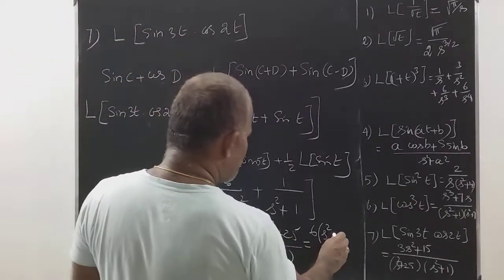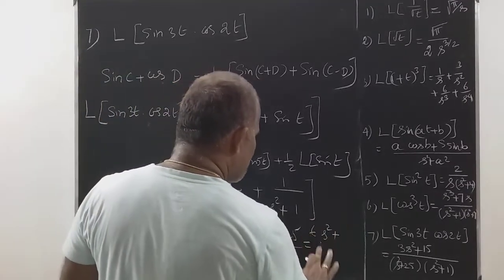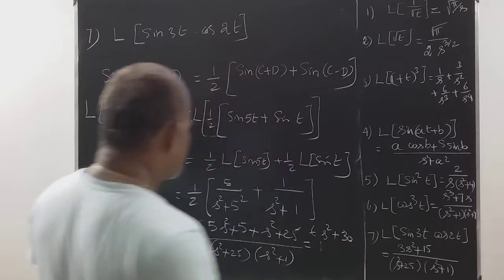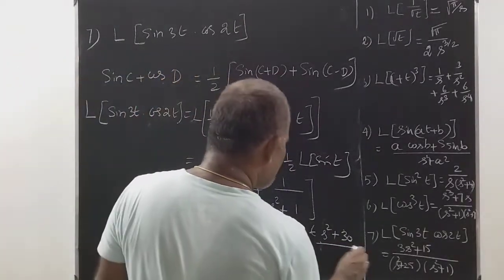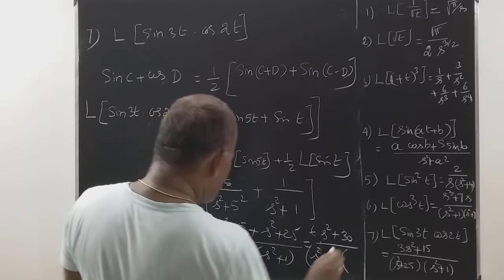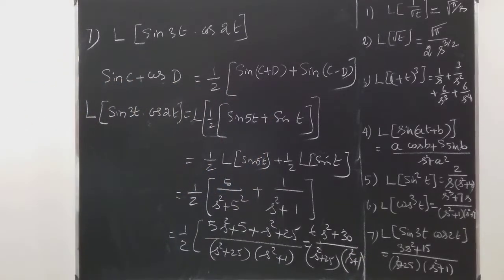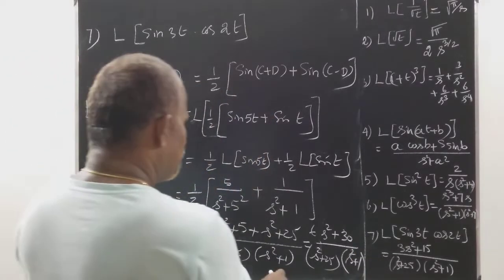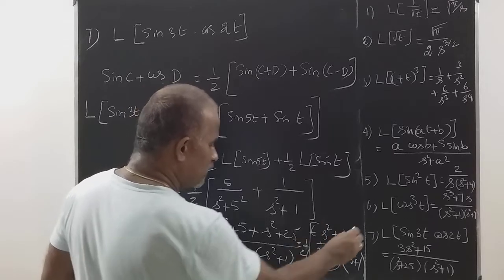So therefore 6s square plus 30 divided by s square plus 25 into s square plus 1. So therefore 1 by 2 is there. So therefore this is equal to 1 by 2 times of this.